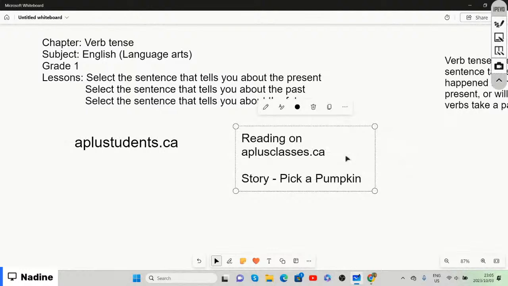Then we will log on to aplusclasses.ca, go down to reading, and our story that we will be focusing on is Pick a Pumpkin. All right, so that is going to be our focus lessons, our chapter subject, as well as the grade for our lesson and our session today.